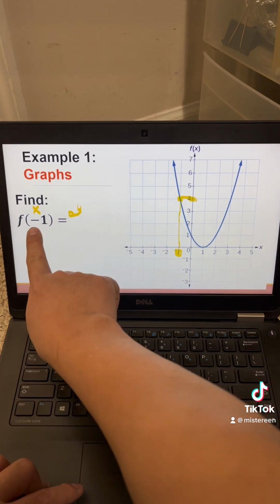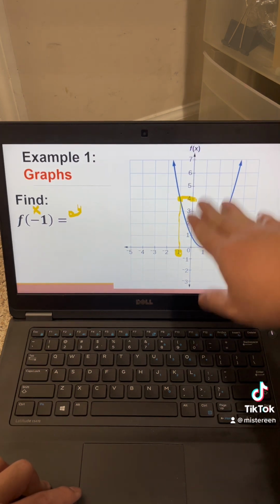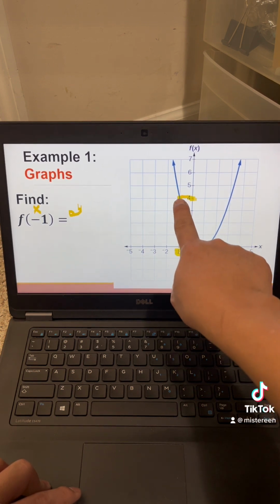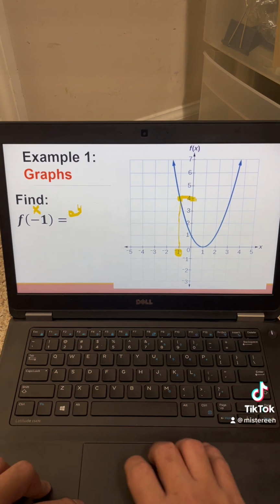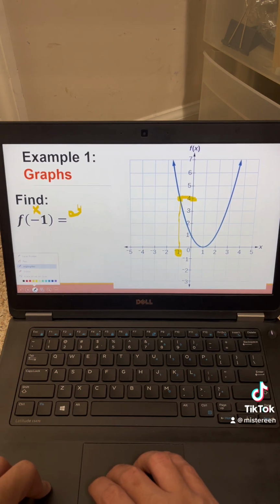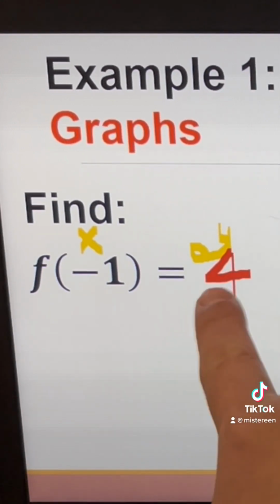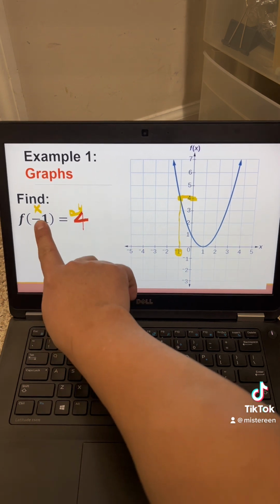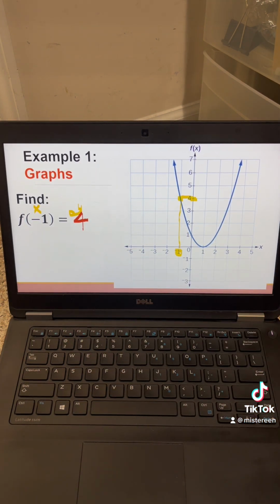If your graph is on the upper part, you go up to where the graph is. So f of -1 is equal to 4, where x is -1 and y is 4. That's what it means to evaluate graphs.